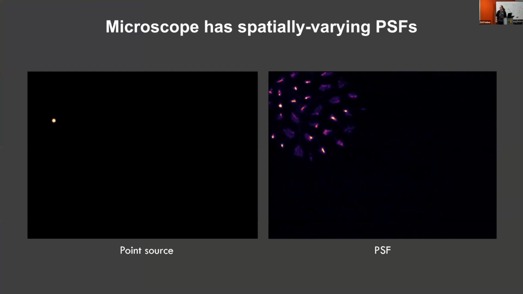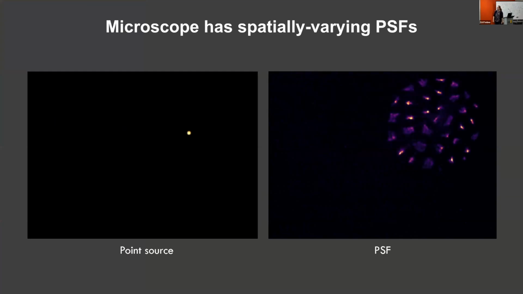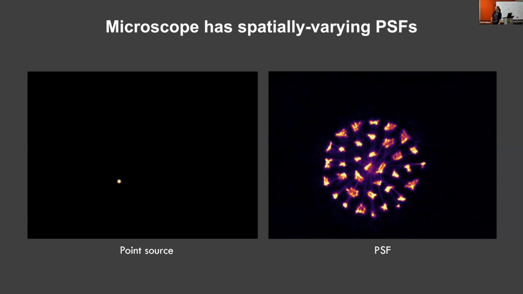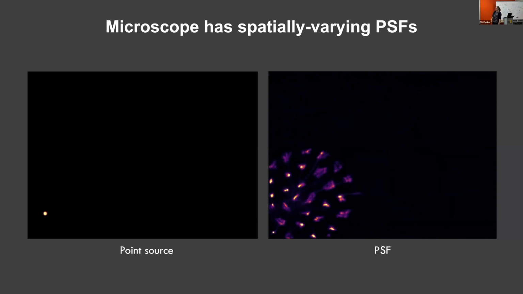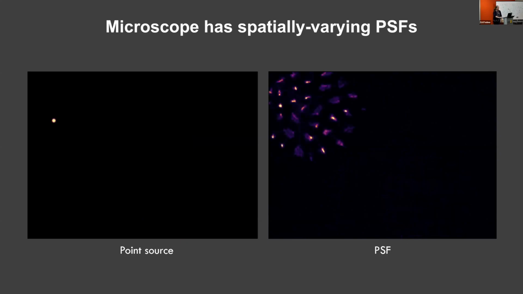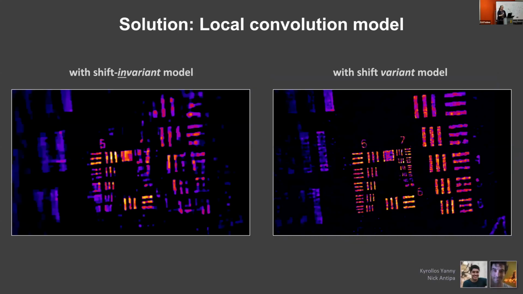Here's an example for the microscope case of what the point spread function looks like. This is our random microlens array point spread functions at different points in the field of view. It's wildly different, right? This is not shift invariant. So our initial approach was to do local convolution, locally shift variant.